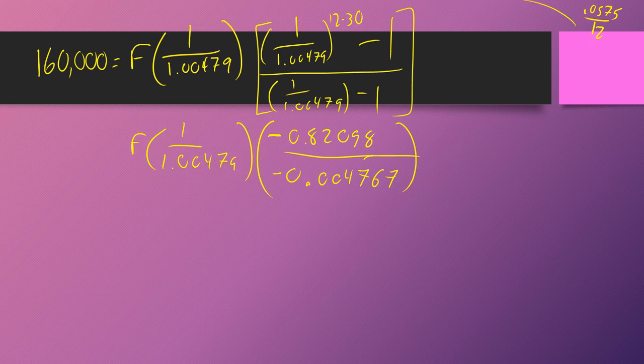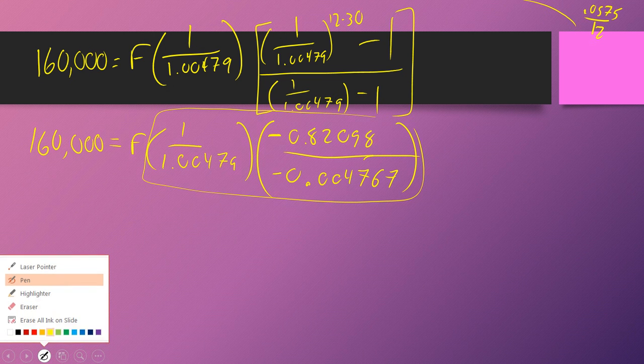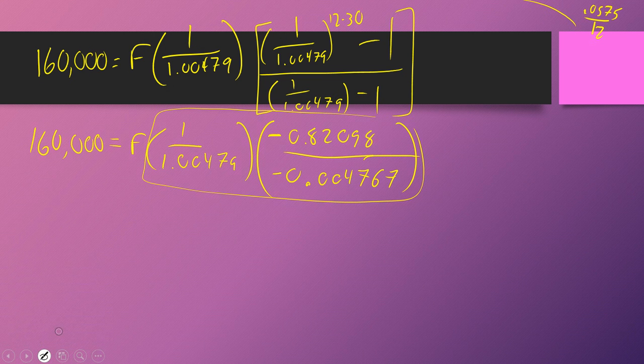And then after that, we're going to multiply those together and then get the P by itself. And again, this is still equal to 160,000. So again, using algebra, you want to multiply this together and then move it to the other side by dividing it, of course.